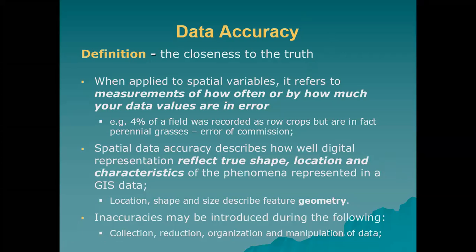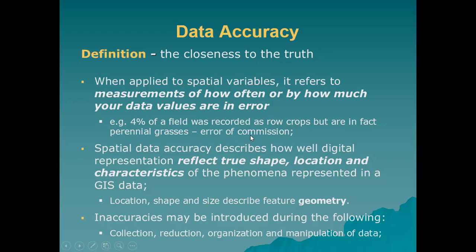For example, we say 4% of a field was recorded as row crops, but in truth and in fact, they are perennial grasses. So we have an error of commission here. So we can actually identify a 4% error there.